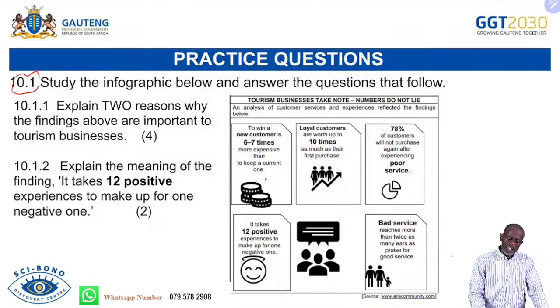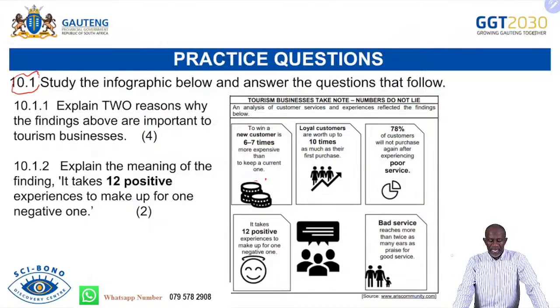So with the first one, if we are to link to the answer, one has already deduced that getting new customers is 7 times more expensive than keeping the old customers. What this explains is that a lot of money will have to be spent to attract new customers. Money would have to be channeled to marketing, which includes attractive packaging.